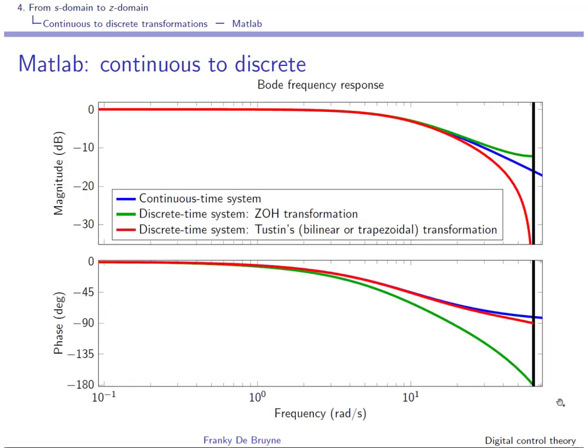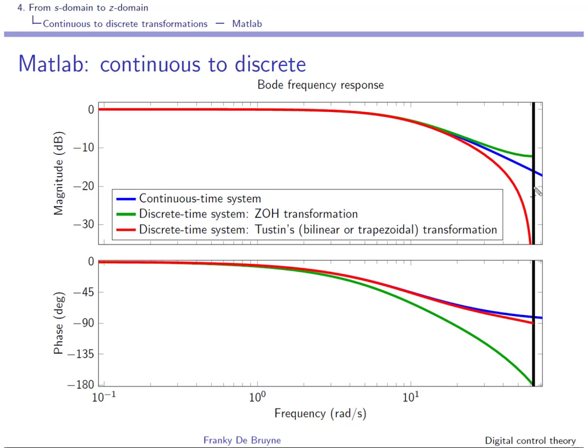So here is the result of these Bode diagrams. In blue you have the frequency response of the original continuous time system, and in green and red the two responses for the discrete time equivalents.